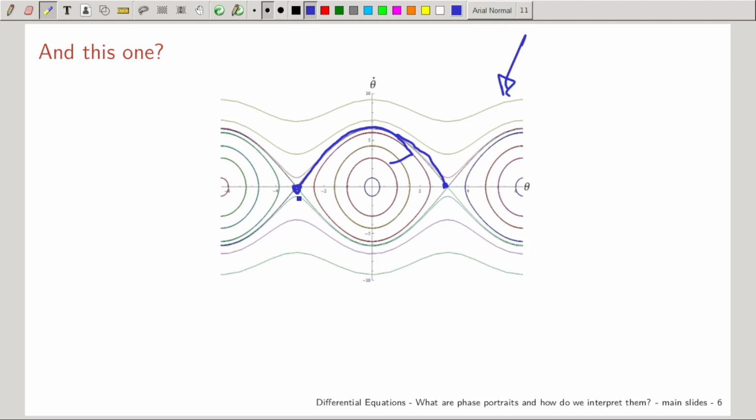Discuss among yourselves at the table. Perfect.